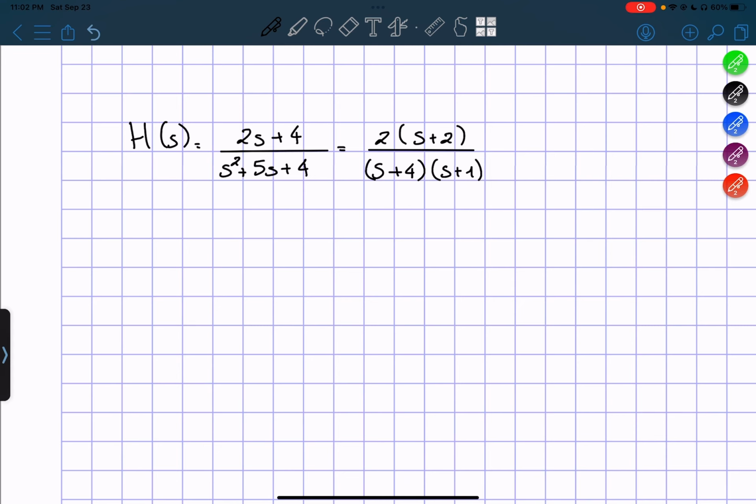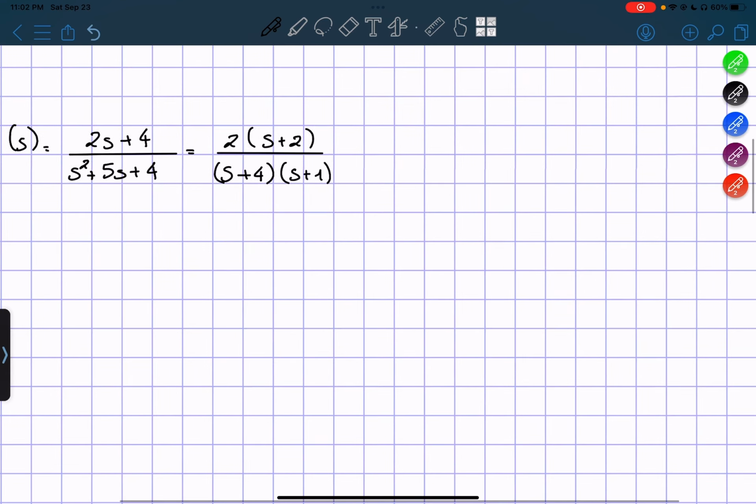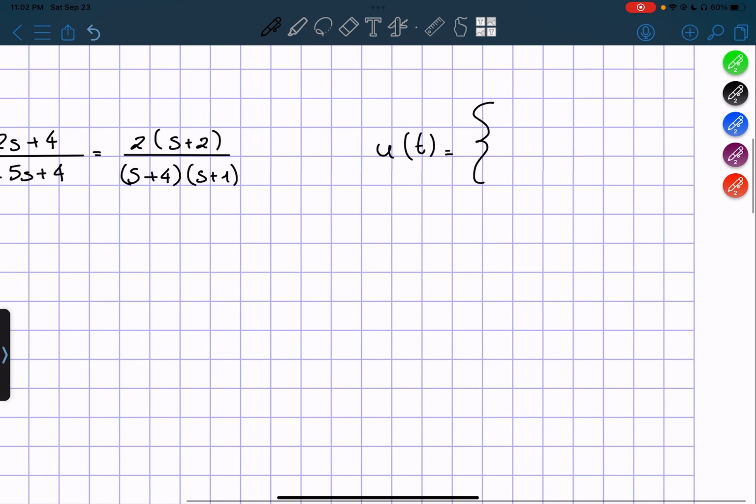Now our input function u of t, I don't know why I wrote s before, is going to equal 0 for t less than 0, and then we just say 5 for t greater or equal to 0. So our capital U of s is going to equal 5 over s.